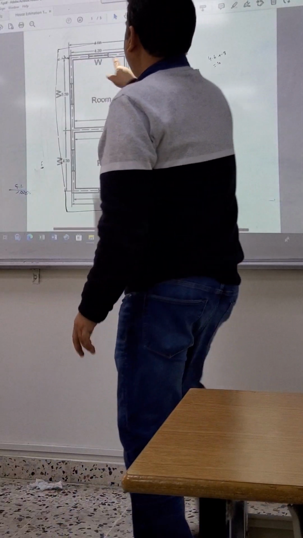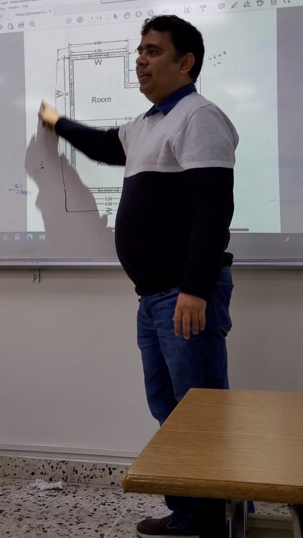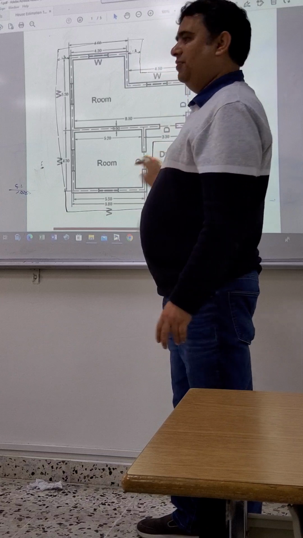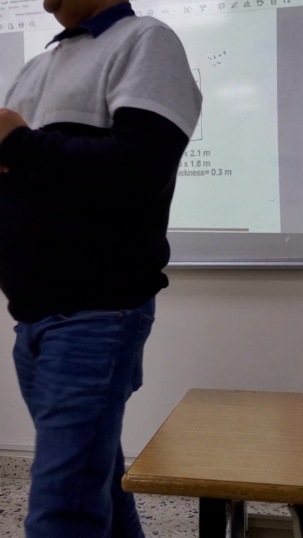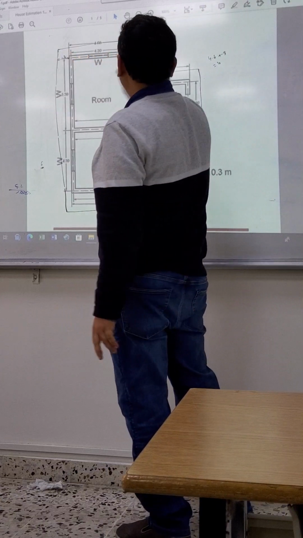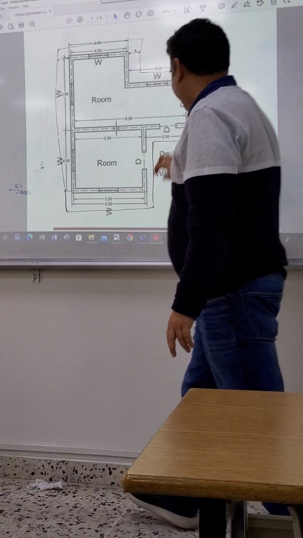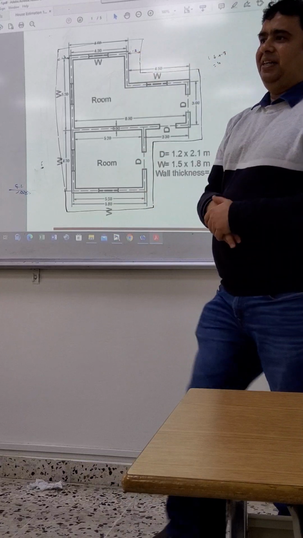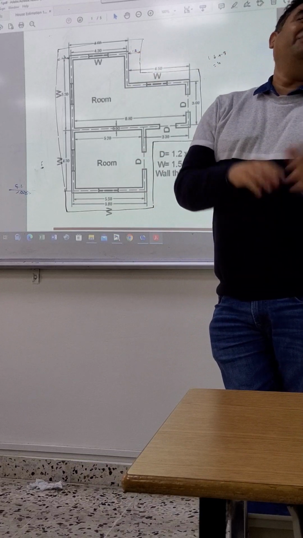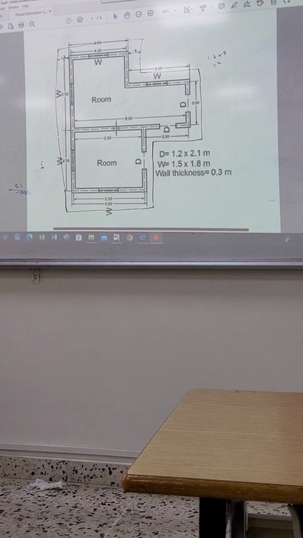Or just calculate the total area, minus this area, minus this area. Total area, just calculate the total area of the whole structure, and then deduct this part and deduct this part. Then multiply with 0.3. Okay, so how I did it here, just see here.